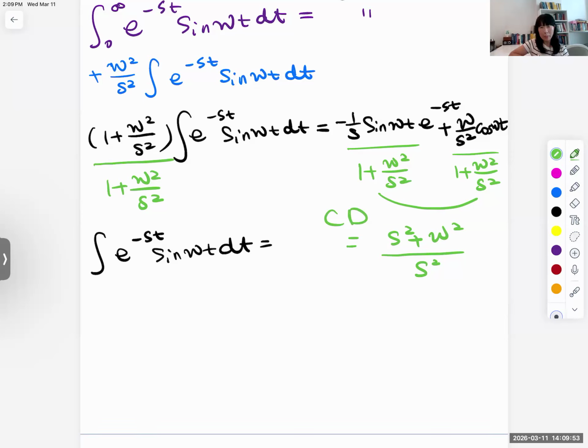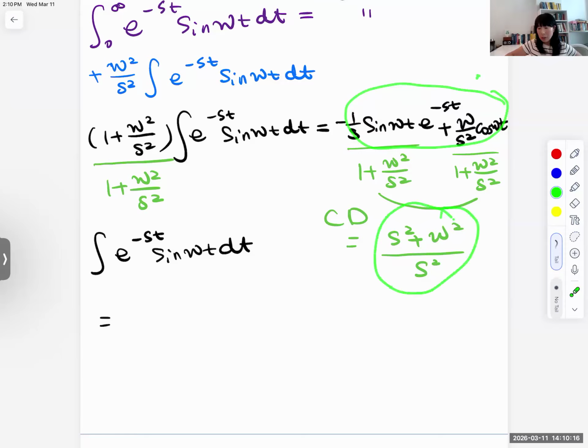Clear to you, right? Okay, now look, we have a fraction divided by another fraction, then we keep the first one and multiply by the reciprocal of the second fraction, right? So this will be s squared over s squared plus omega squared. Make sense to you? And then I want to leave it like this.